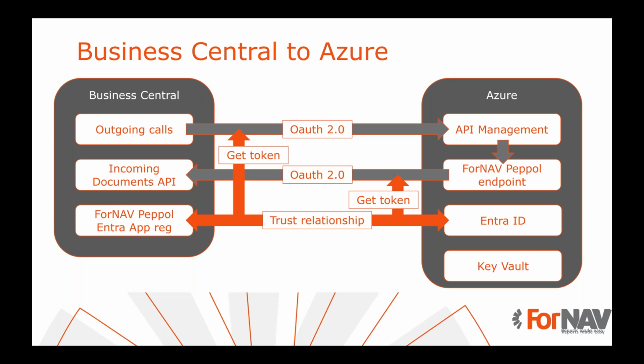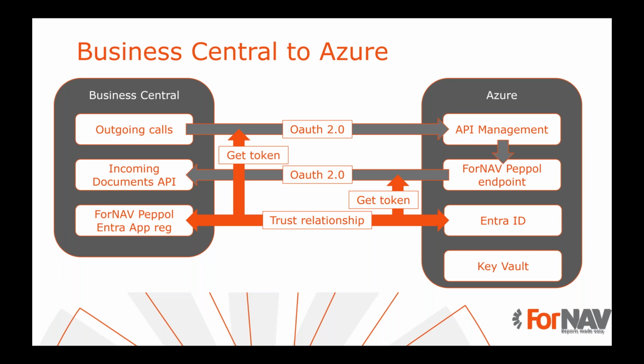So that's the trust relationship. Any outgoing call from Business Central gets an OAuth access token from that trust relationship, and any calls from the 4NAV Peppol endpoint into the incoming documents in Business Central also get authenticated through that trust relationship, through the Azure Active Directory, or as it's called right now, Entra ID.